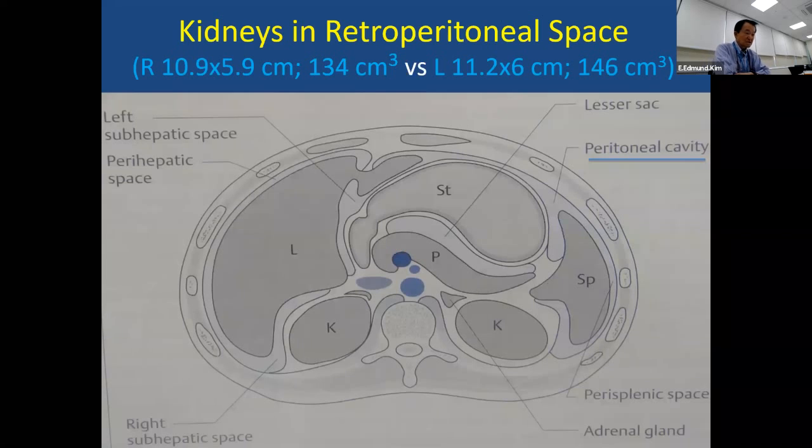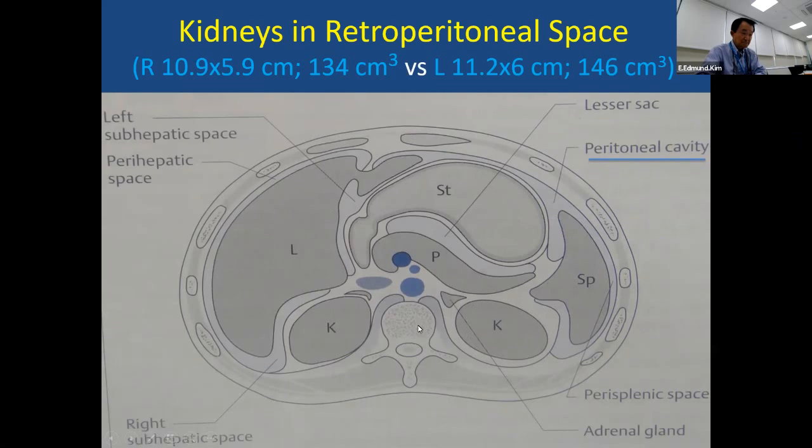As you know, kidneys are retroperitoneal organs. Kidneys are in the retroperitoneal space, as you see on this slide. The kidneys are roughly 11 by 6 centimeters on coronal images.